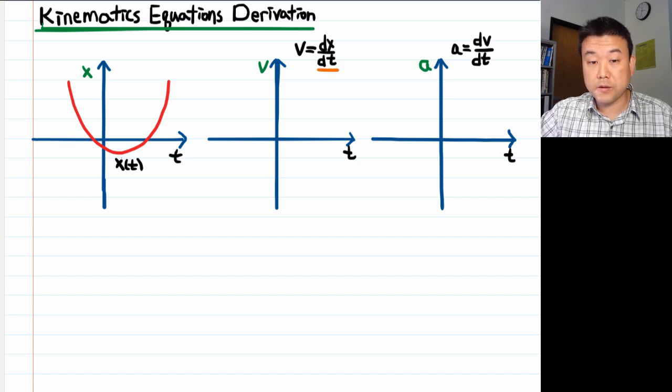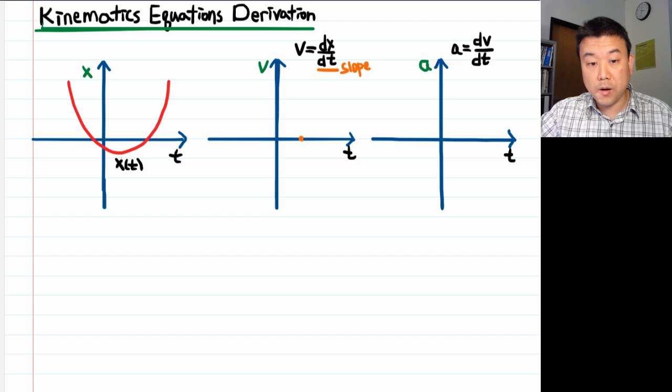So the derivative is graphically represented by the slope of the graph. So I find here where the slope is 0, horizontal, then that would be the point where velocity is 0. And I look to the right, I see that slope is getting more and more positive as time goes.